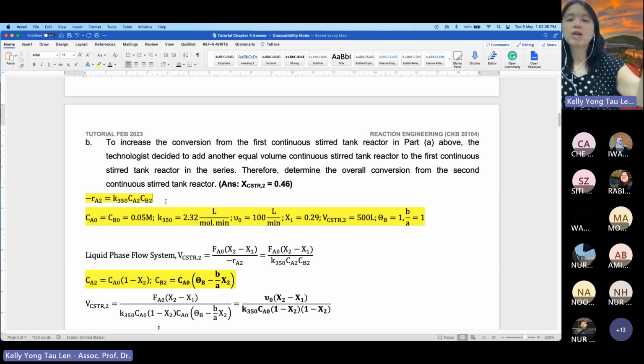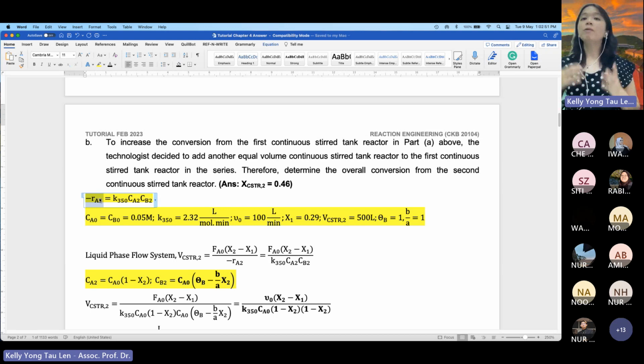That means first order with respect to A, first order with respect to B. That is the form for the first reactor. Okay, so let's name it minus RA1. Now, for the second reactor, we cannot use minus RA1. We have to use minus RA2, meaning the rate law in the second reactor. So, what is the difference? K at 350 is still the same because as long as I do not change the temperature, whether first reactor, second reactor, or third reactor, the temperature is the same, so the value of K is still the same, which is at 350 Kelvin.